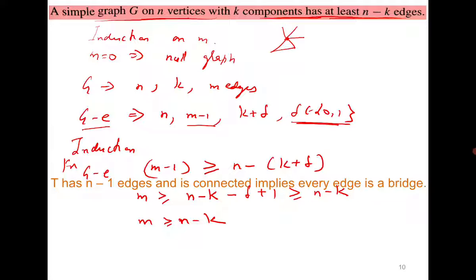So T is a simple connected graph with exactly n minus 1 edges, and therefore if you delete any edge, it becomes disconnected, which implies that every edge is a bridge.